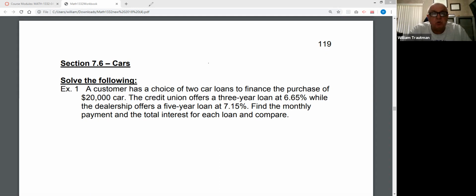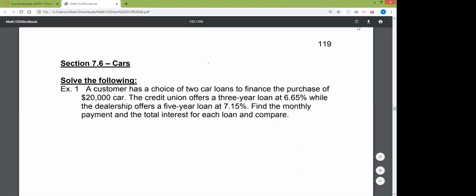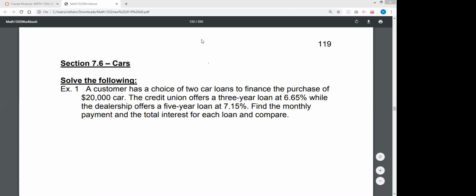Do you see my workbook right now? Something's not right because I can't. I'm sharing. Hang on, mute all. There we go.